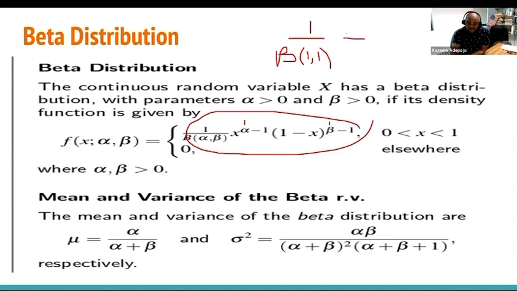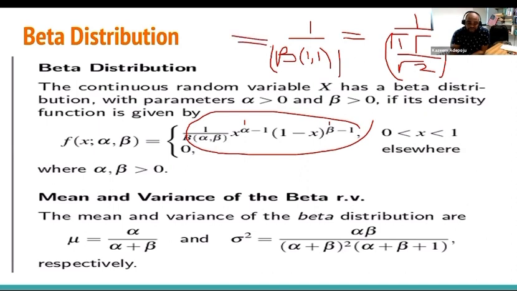Let's take a look at what we're going to get. It's going to be gamma 1 divided by gamma 2, and because of the reciprocal, let me write that.